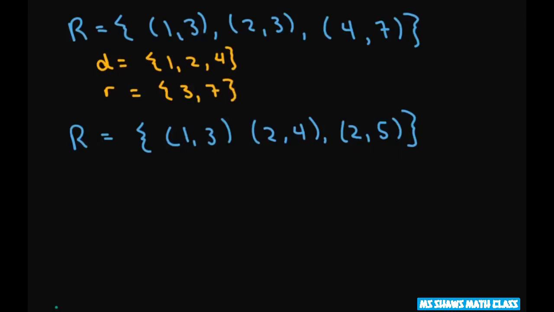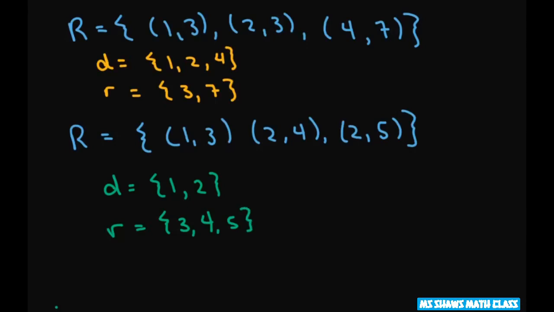Okay. For the second one, our domain is going to be 1 and 2, and our range is going to be 3, 4, and 5.